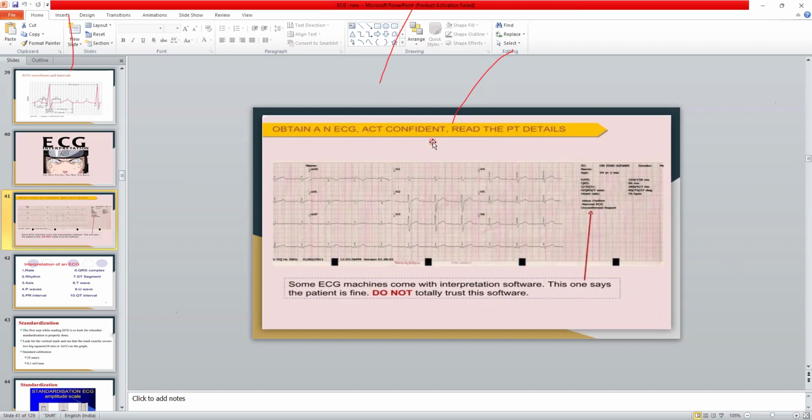Act confidently and then go through the ECG for the interpretation in a stepwise orderly manner. Some of the newer ECG machines come with interpretation software. Please do not totally trust this software.